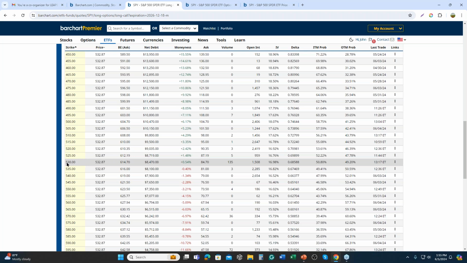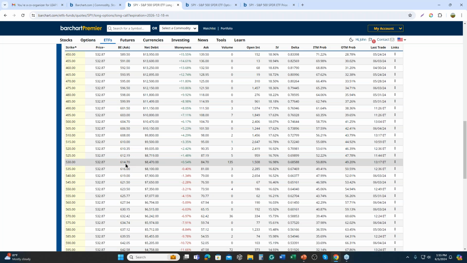So for instance, for today, the 530 strike, my break even, in other words, I would have to anticipate over the next 2 years or 2+ years that the S&P would get above 1,614.70. Then that leap would become profitable. So you could do the math and figure out how much of a percent price rise you are anticipating over the next 2 years.